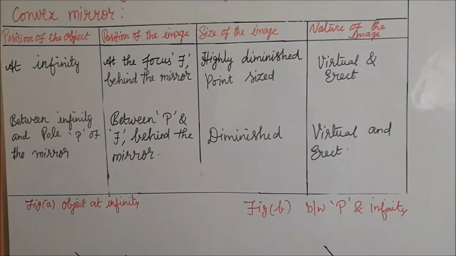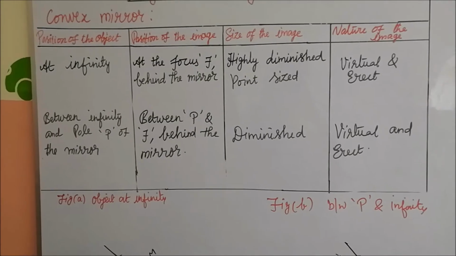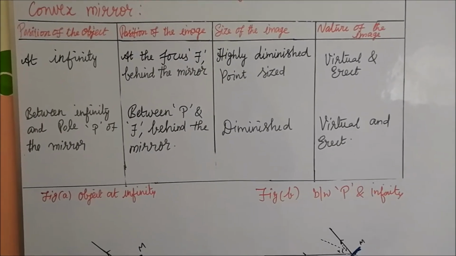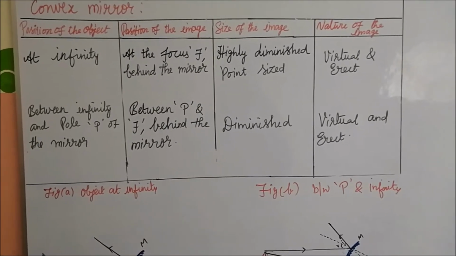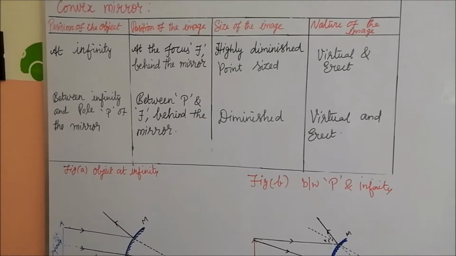This table reveals the position of the image, size of the image, and nature of the image for 2 positions of the object for convex mirror. In the case of convex mirror, there are only 2 cases. One is at infinity and another one is between infinity and pole P of the mirror.